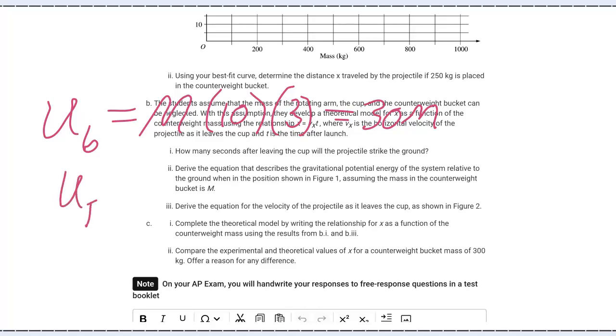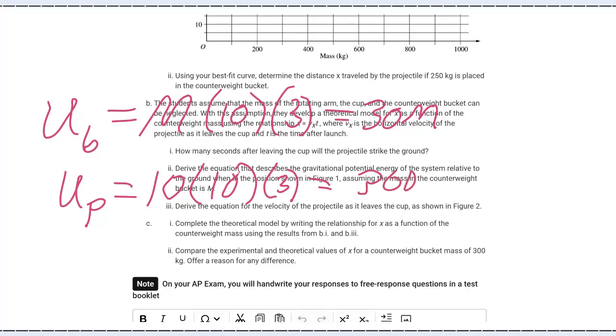And for the projectile, it's given that its mass is 10, times our gravity constant, which we're using 10 for. You can use 10 or 9.8. I always use 10 because it's easier calculations, but do as you please.